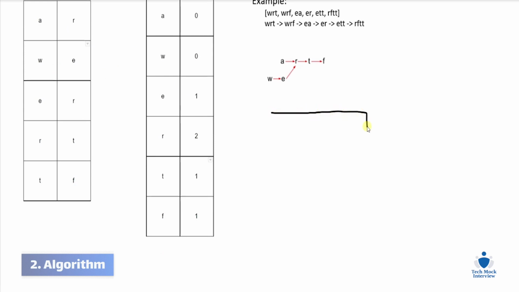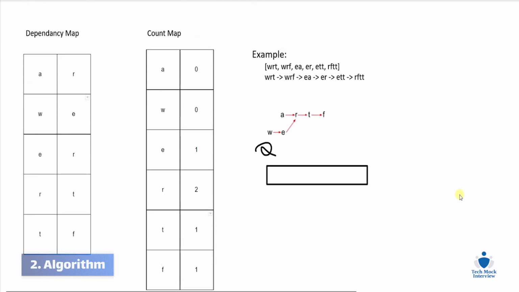This is how we're going to use these maps to actually find the string. So what do we do exactly here? First things first, we look at the count map and find all the letters that have 0 dependencies, like A and W, and put them in the queue.